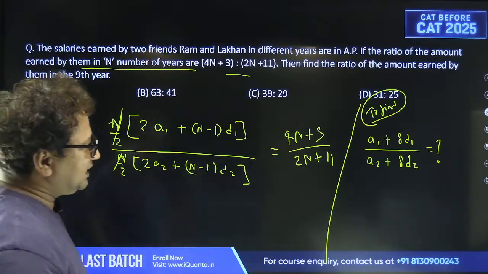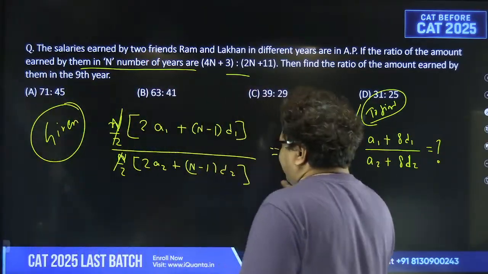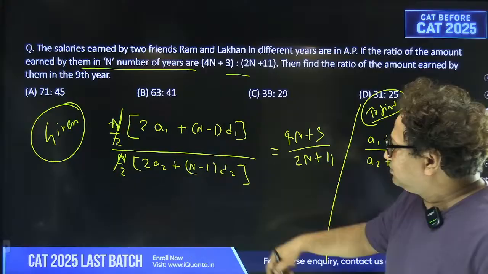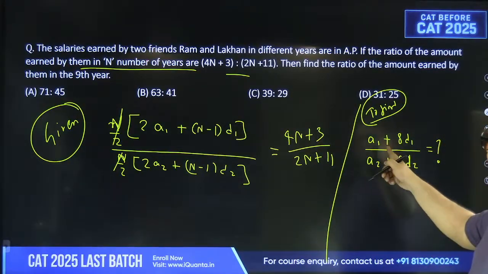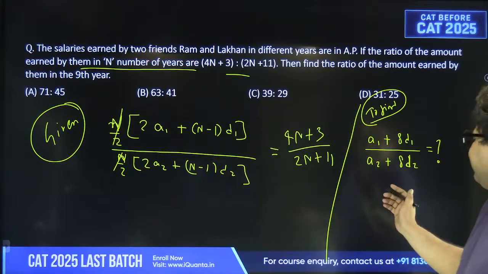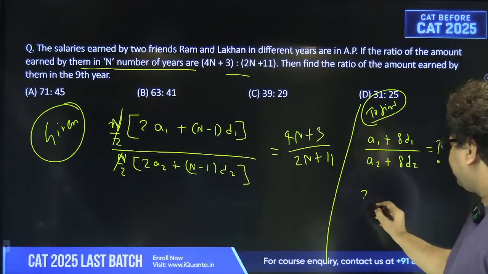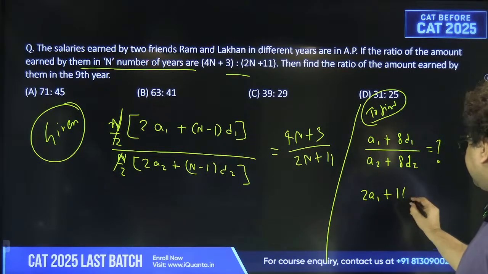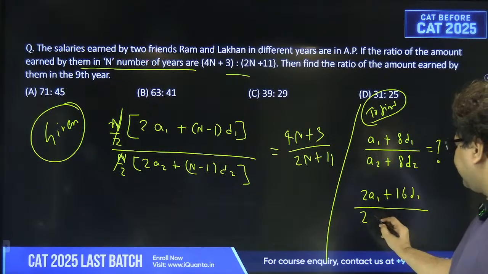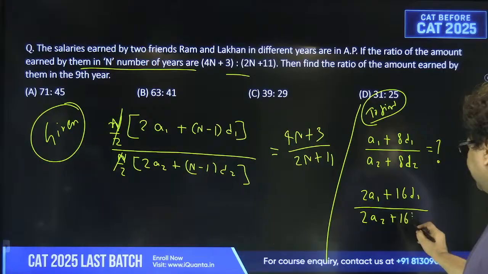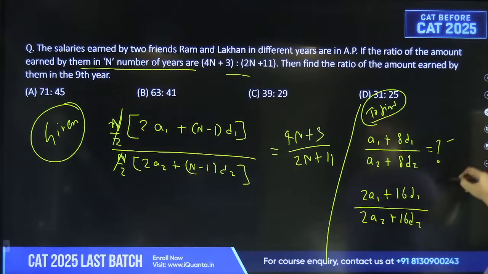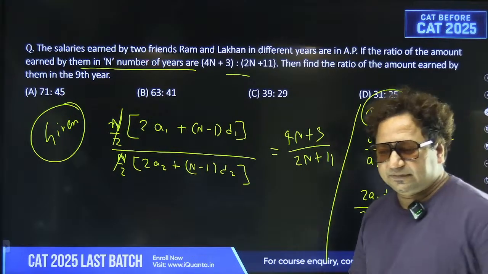Or at the same time, I will either divide this whole by 2, or multiply this whole by 2 and the same value. So let me multiply this by 2. I'll get 2A1 plus 16D1 upon 2A2 plus 16D2. Is that clear? I find this or this, my answer will be correct. Yes or no?